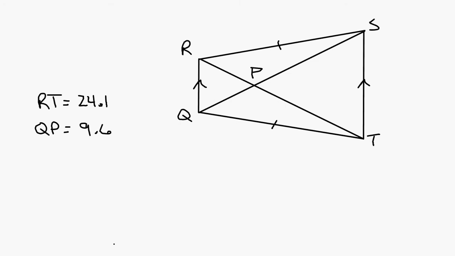So it's a trapezoid, and if the legs are congruent, then it's an isosceles trapezoid. You're told that, let's see, R, Q, T, and S, and P is where they intersect. RT is equal to 24.1. QP is equal to 9.6. And you're asked to find PS.